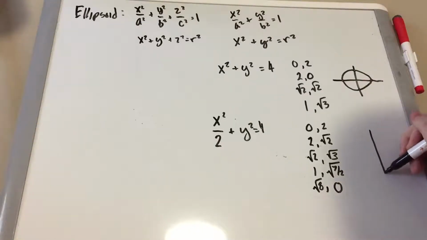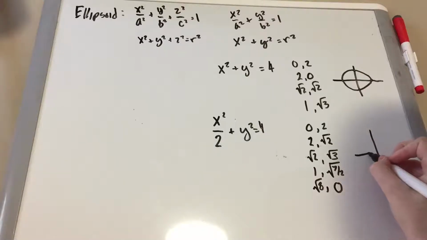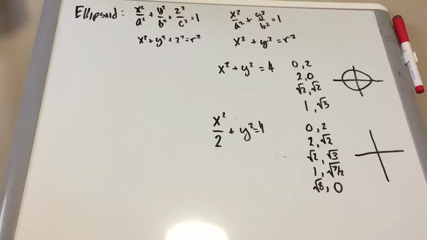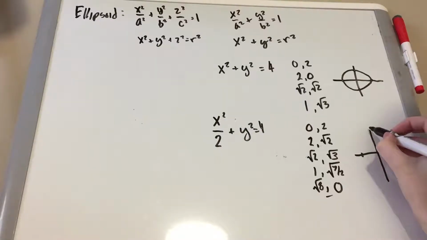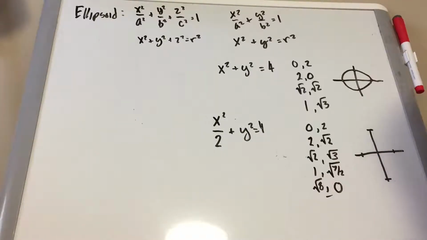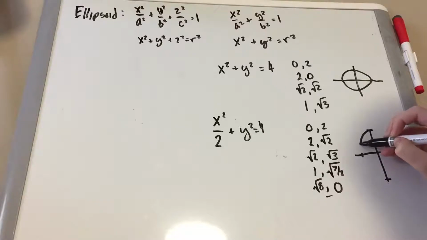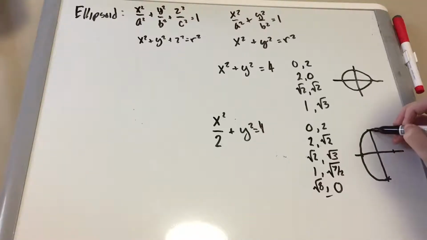So now our shape is going to have 2 and negative 2 on the x-axis, and for the y-intercept, square root of 8 and negative square root of 8, which gives us this stretched shape for an ellipse.